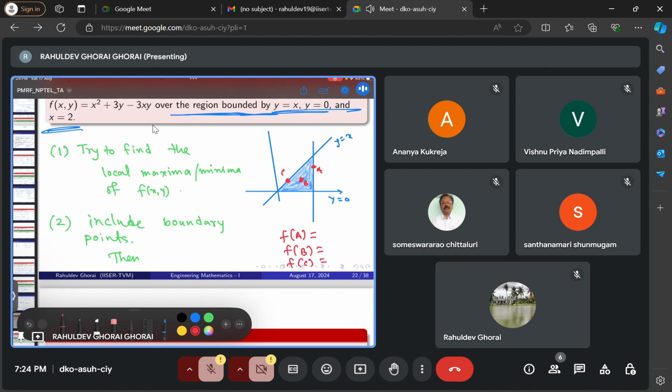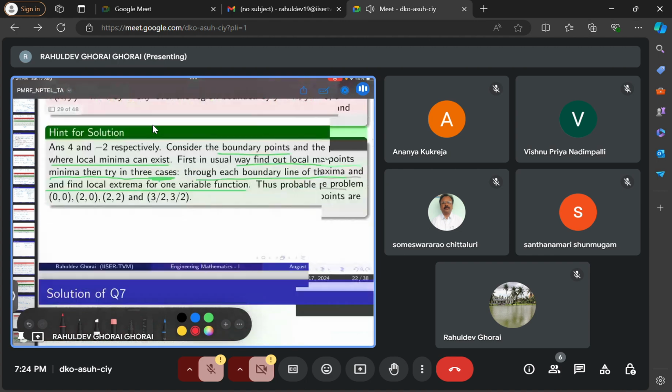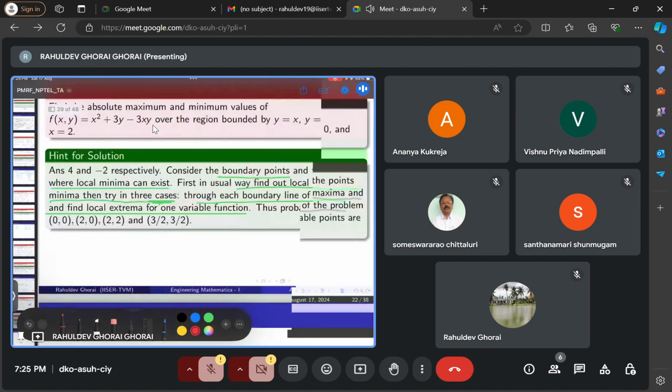Whichever is the maximum of these three will be the absolute maximum, right?